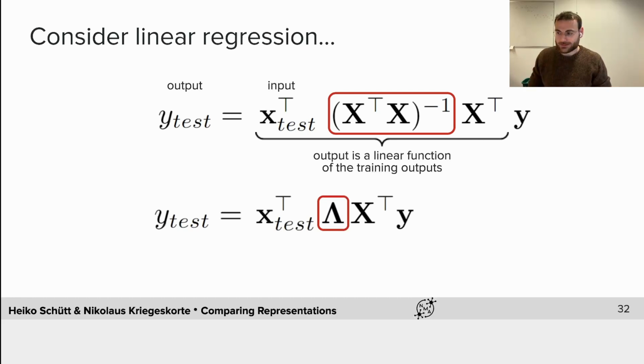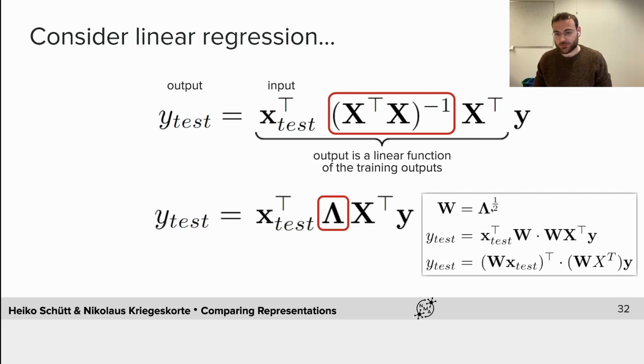If this doesn't immediately make sense to you, perhaps this helps. You can decompose lambda into W transpose times W, and then you can see that W times all the x's projects your representation into a space where this formula here is the standard inner product.